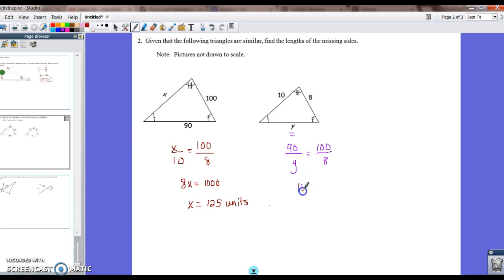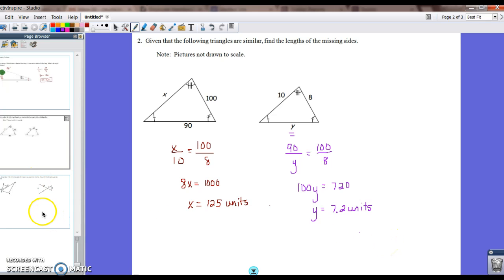So when I cross multiply, I have 100y is equal to 720. And when I go ahead and divide, I end up with y is equal to 7.2. And again, I'm just going to write in units here. Okay, so that's the idea behind that.